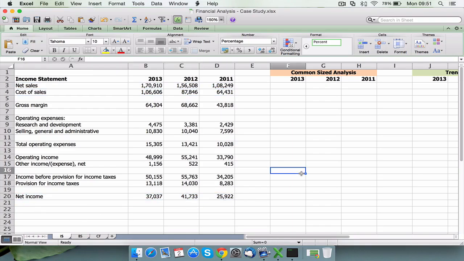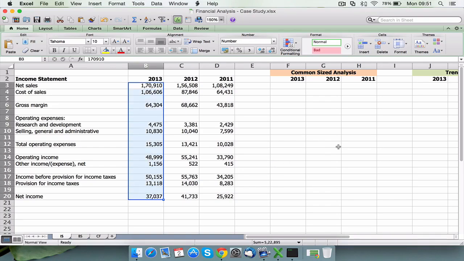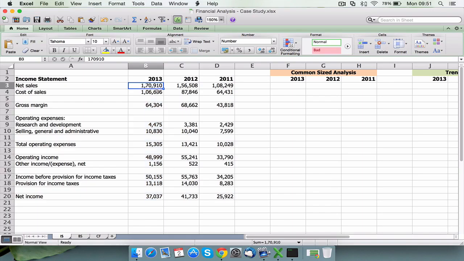In order to understand these numbers, the first tool that we are going to use is called common sized analysis. In common sized analysis, all the numbers are reduced to represent percentage of sales of that year. So for example, all these numbers in 2013 will be divided by 170,000, which is the sales of that year, and expressed in a percentage.